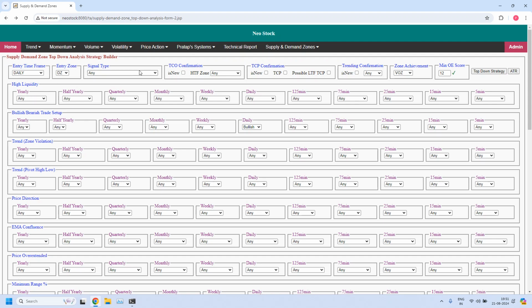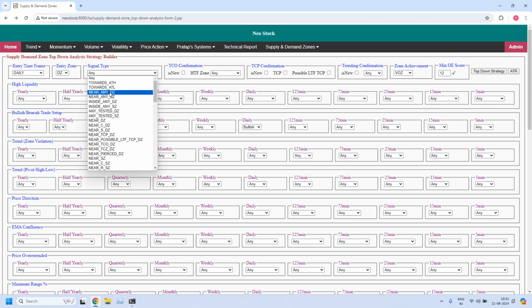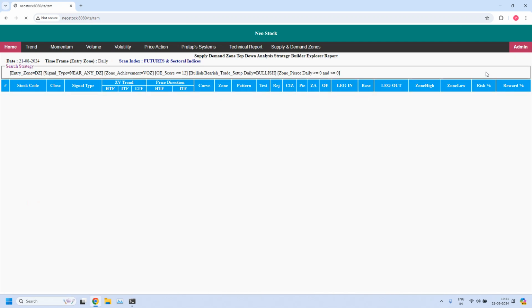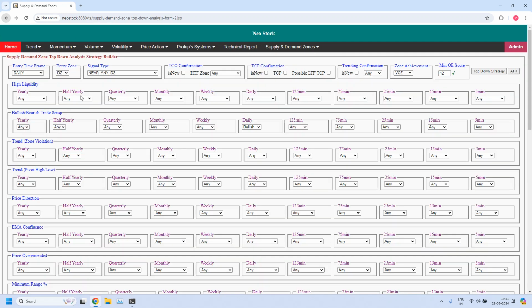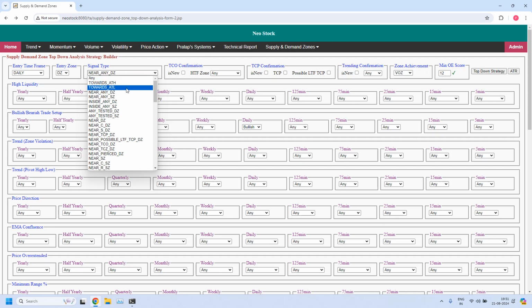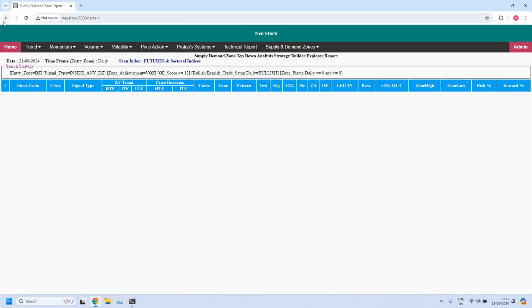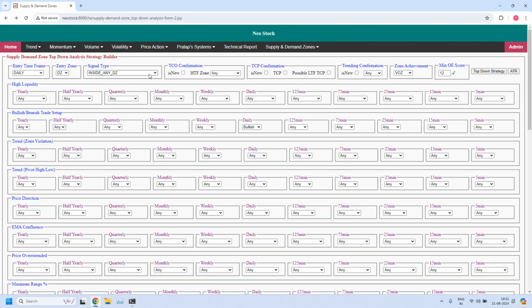We will add one more filter, near any demand zone, daily demand zone. No stocks near. Let's verify any stocks closed inside the demand zone. Price closed inside the daily demand zone, because the entry time frame is daily. No, that means they are all moving towards the demand zone.